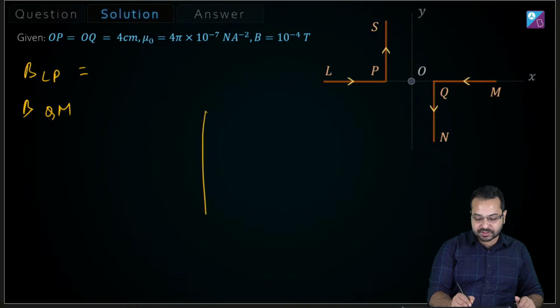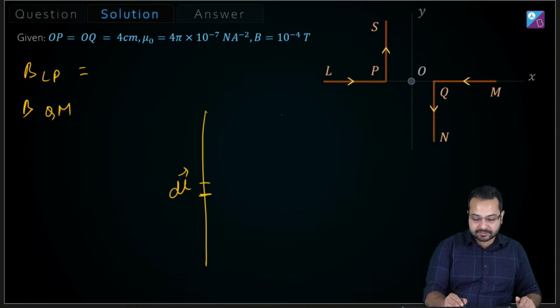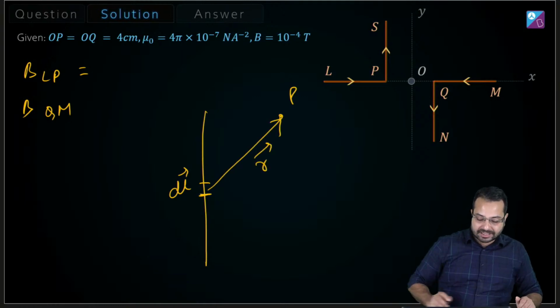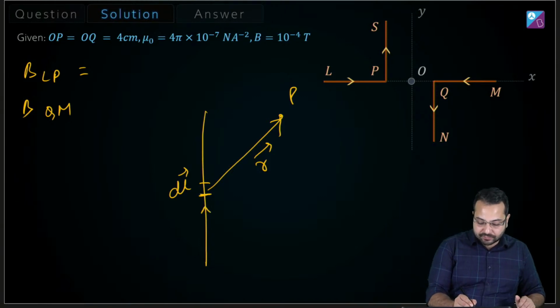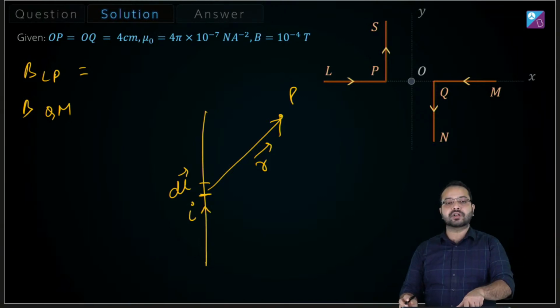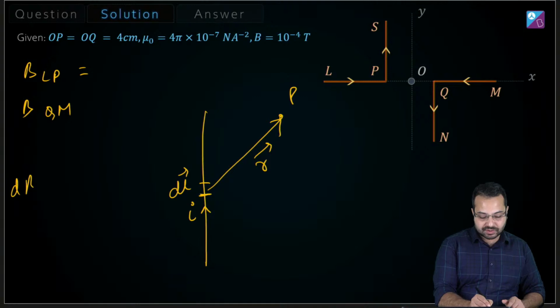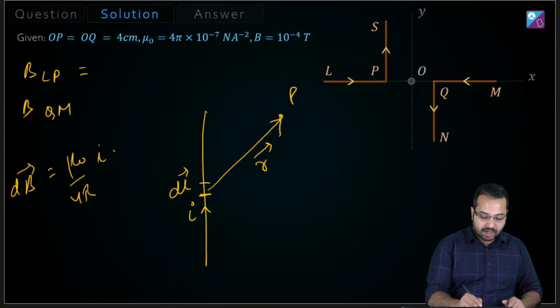Okay, so remember Biot-Savart law. You take a small element dl, and if you have to calculate the magnetic field at a point with position vector r, then this is the direction of current. Biot-Savart law is mu naught upon 4 pi I dl cross r upon r cube.